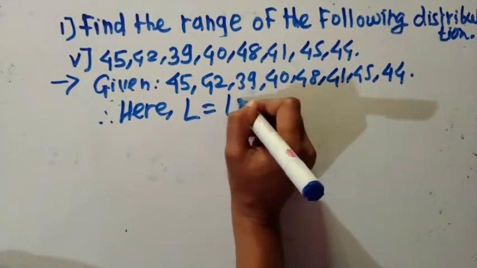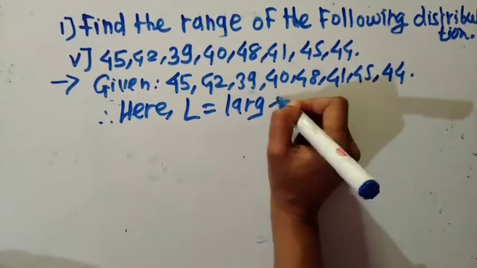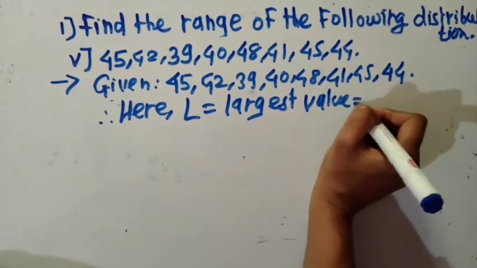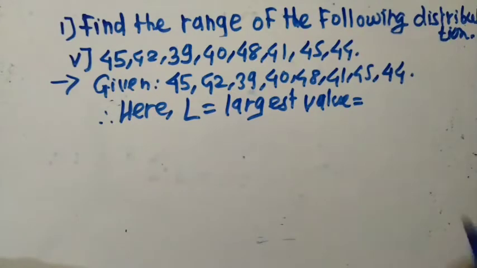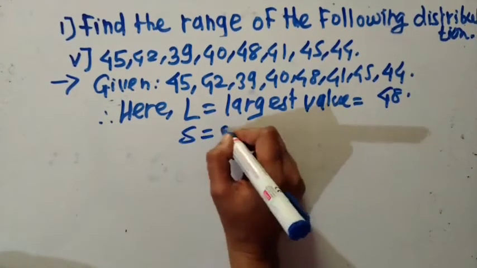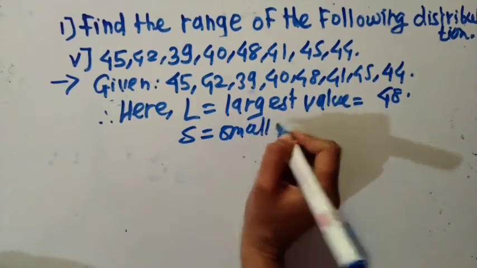So here L is the largest value, which is equal to 48, and S is the smallest value.